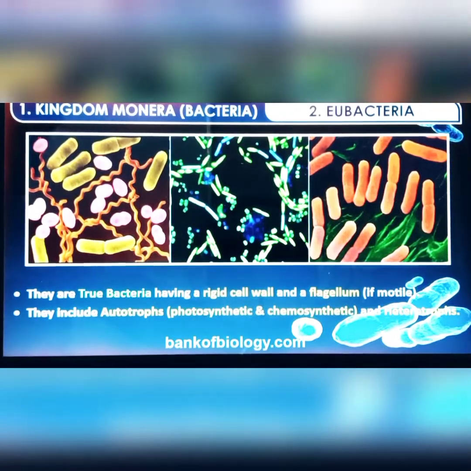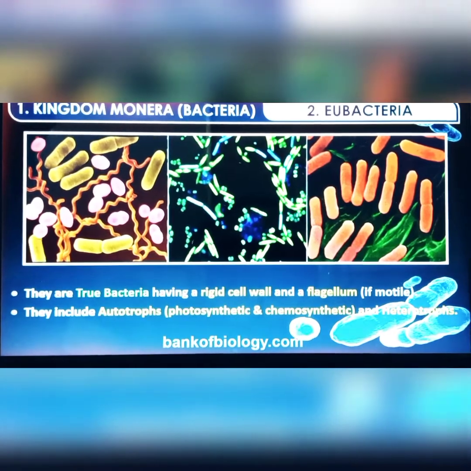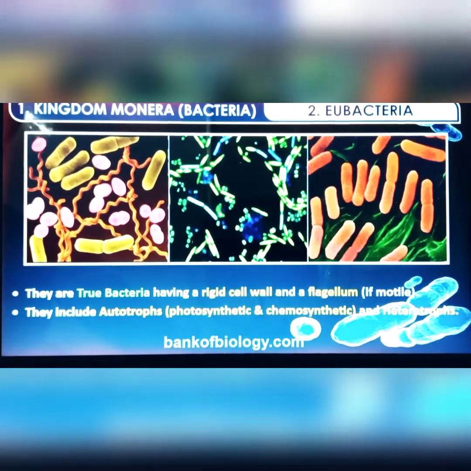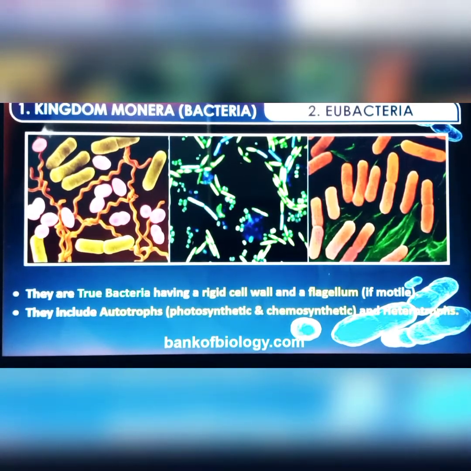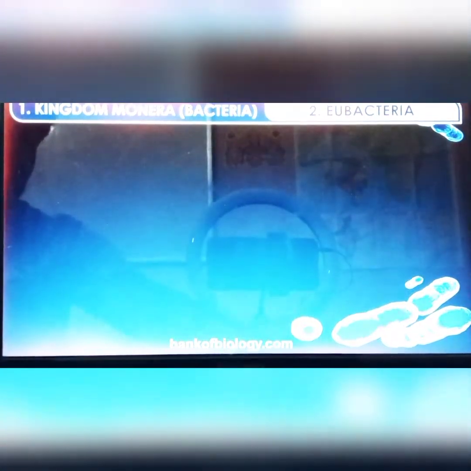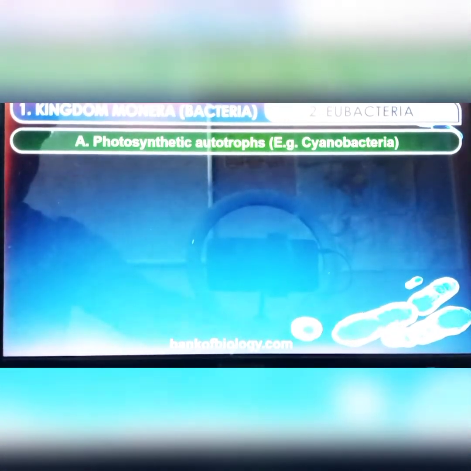They include autotrophs because they have the property to synthesize their food with the help of sunlight, and also they can synthesize their food from their surrounding environment with the help of chemicals that are present around them. So that's why they are also known as heterotrophs. There are some that can feed on other organisms for nutrition.